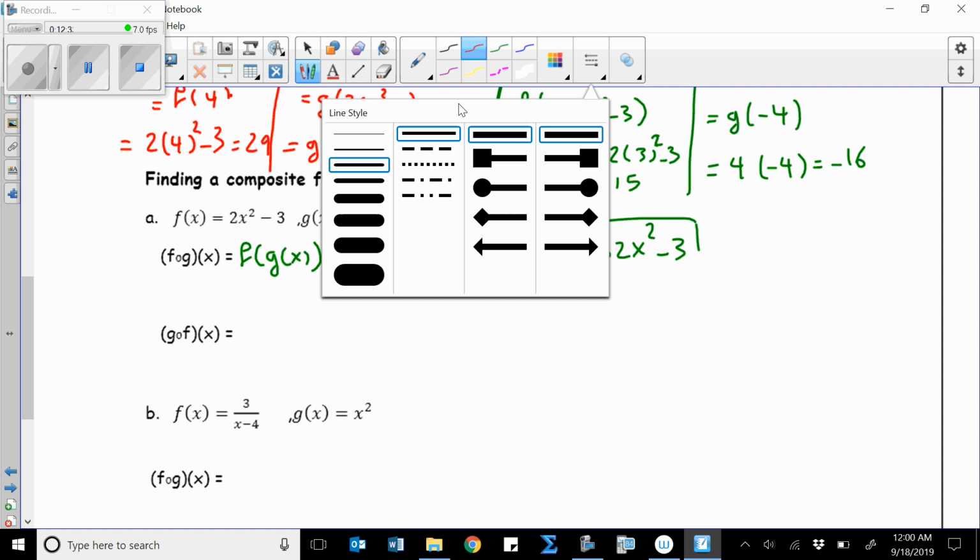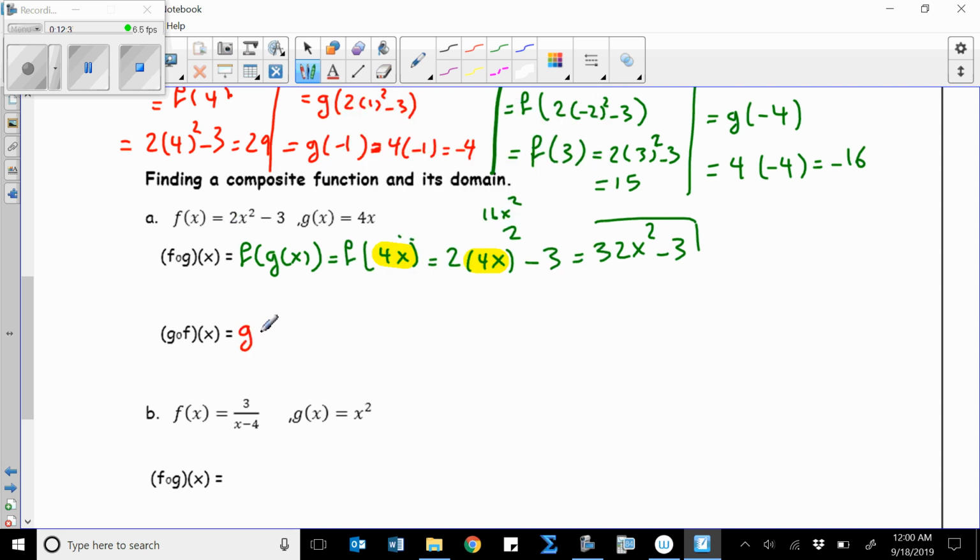Now we can start working on g of f of x. So here we need to find g of f of x. So I'm going to write with the other notation, g of f of x.